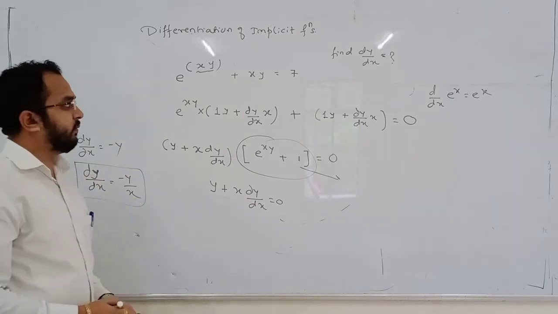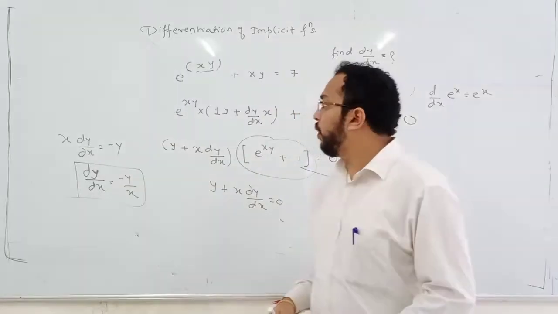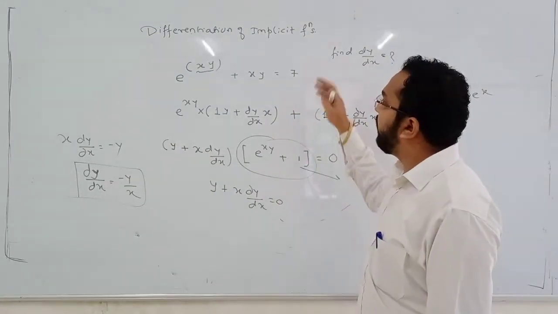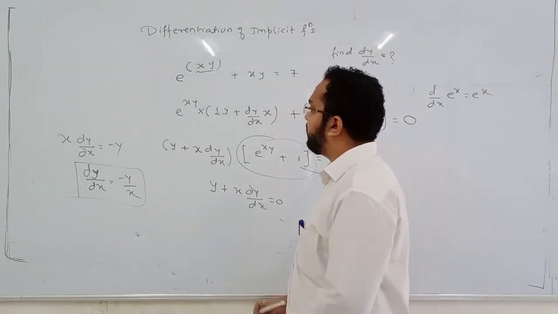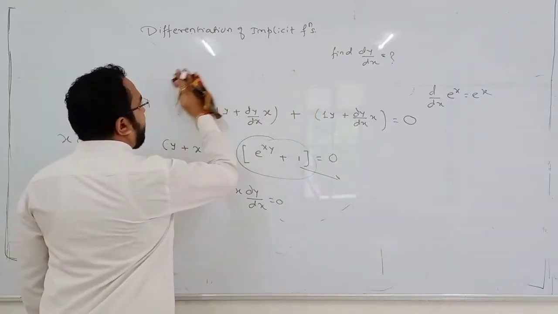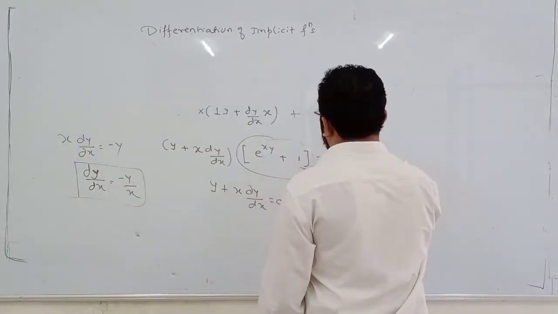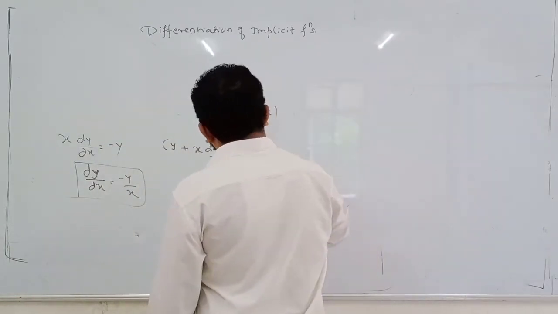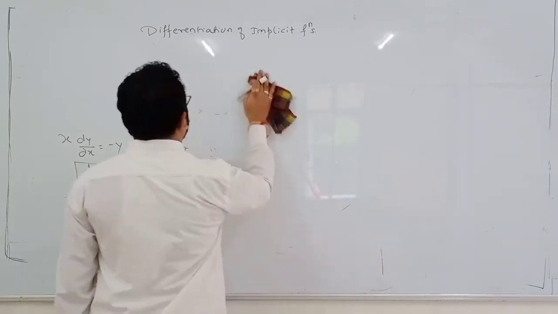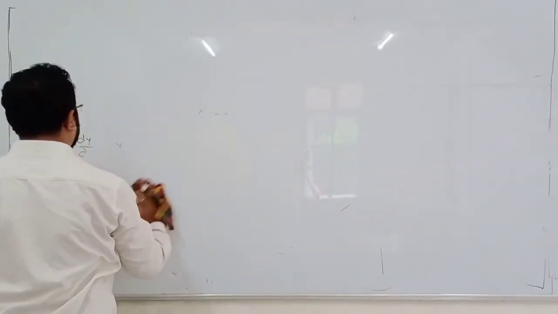This is the answer. Okay. So this is how we are going to differentiate implicit functions. What are implicit functions? When x and y are combined in the form of sum, in the form of difference, in any form.